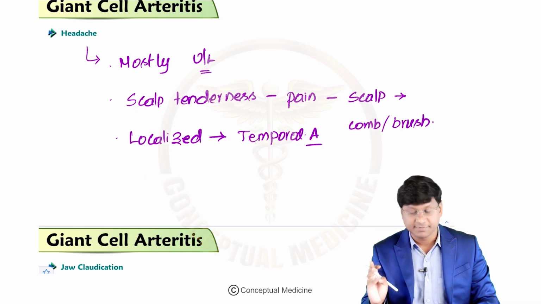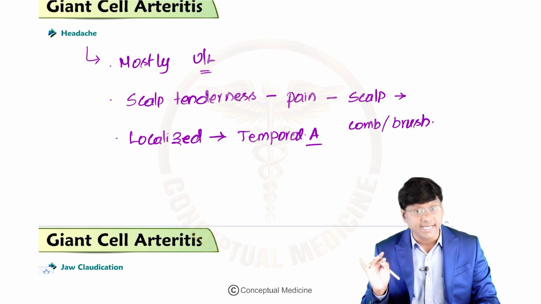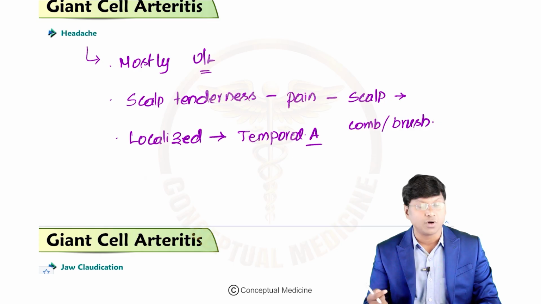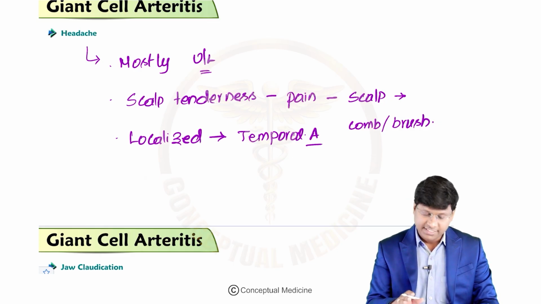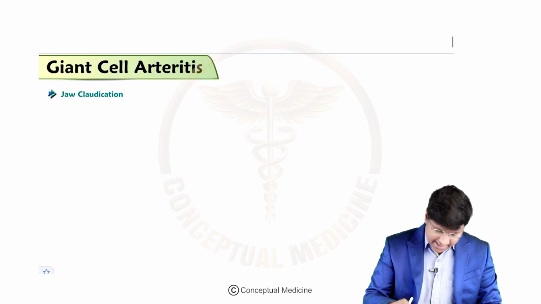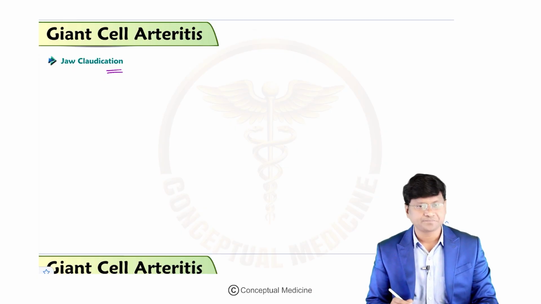So the most common symptom is headache, most commonly localized over the temporal region. Typically it is described as dull aching pain and is often associated with scalp tenderness. Whenever the patient combs or brushes their hair, they feel that tenderness. Another important symptom is jaw claudication.